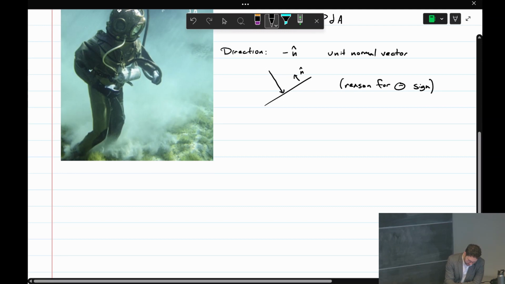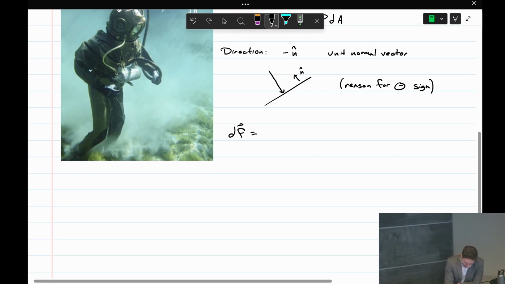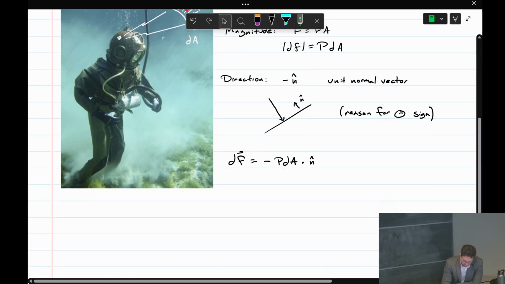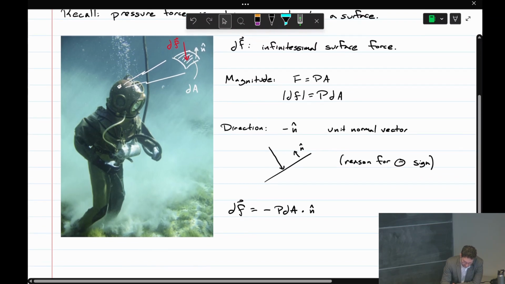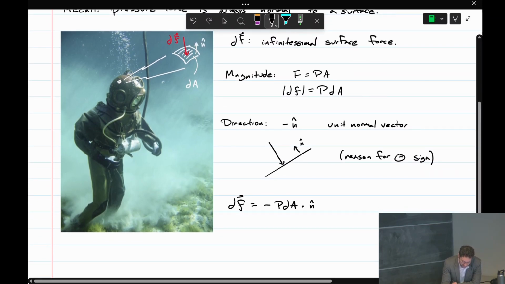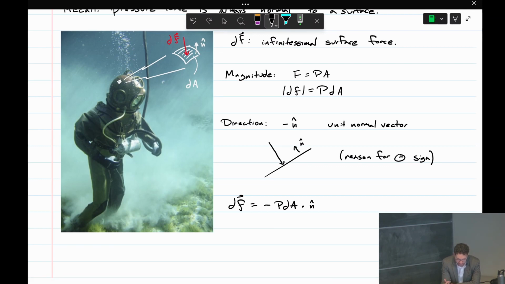So that means dF is equal to minus p dA times n hat. So all this is force is pressure times area. Then we multiply this by that unit normal vector, and we've turned it into a vector now.